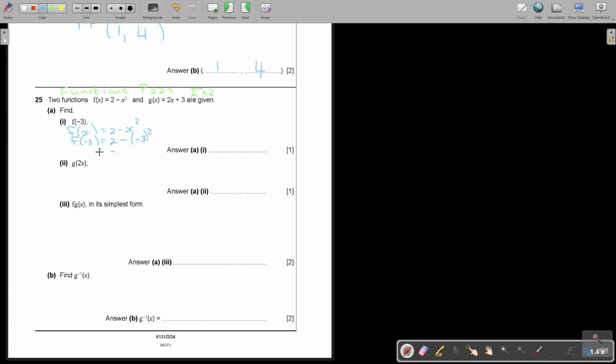And then it's going to be 2 minus, because -3 times -3 is +9, but the answer is -7. Now I take the formula g, so remember it's g(x).